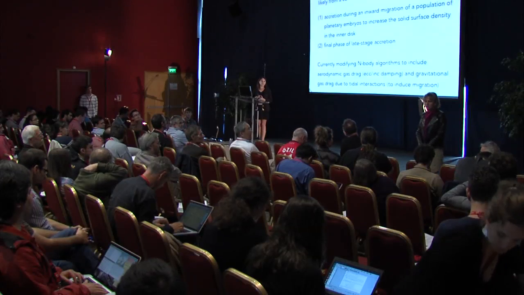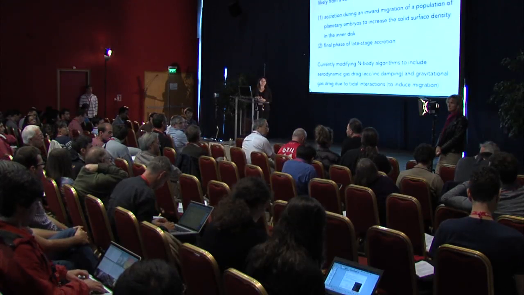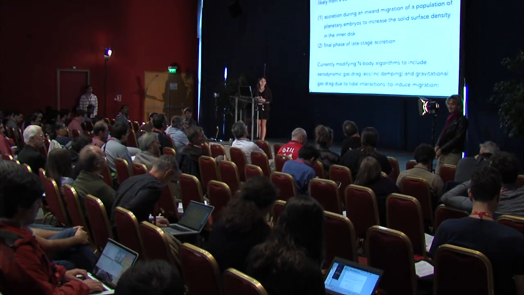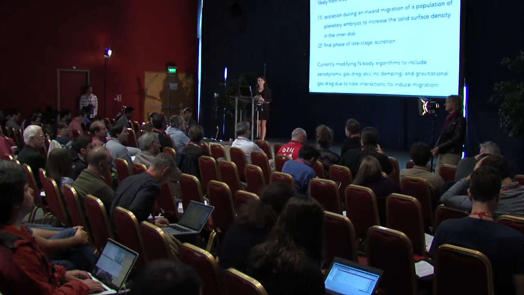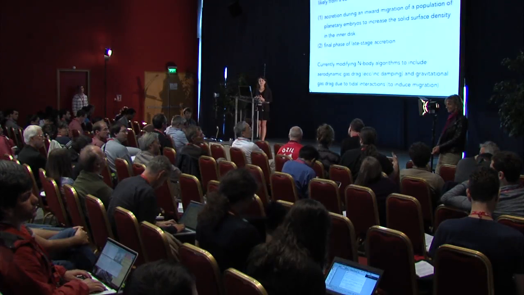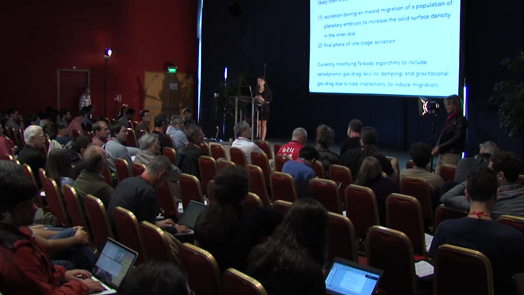I have a question that may be silly. I'm not an expert on planet formation, but on the plots you showed about the number of bodies and their size and their eccentricity over time, suddenly you don't have any small bodies at the end.